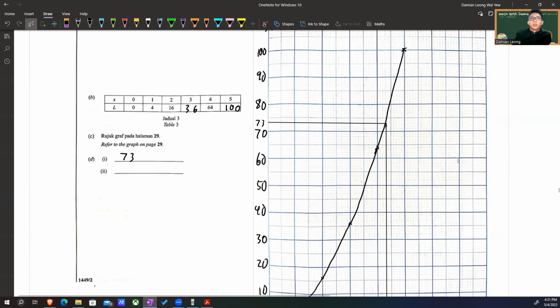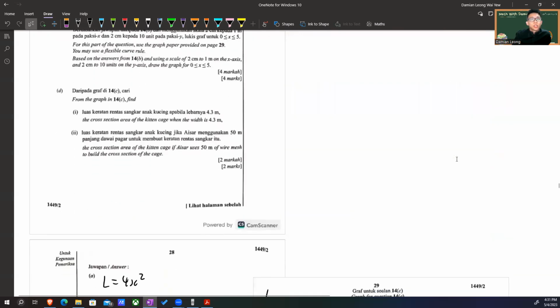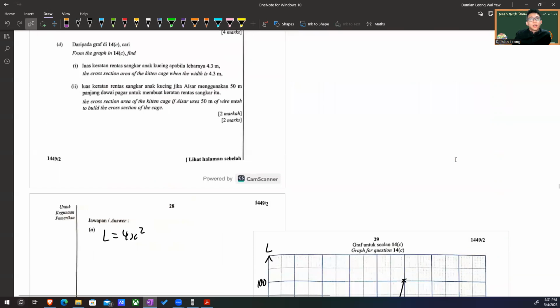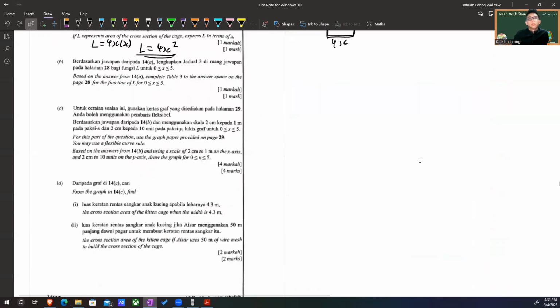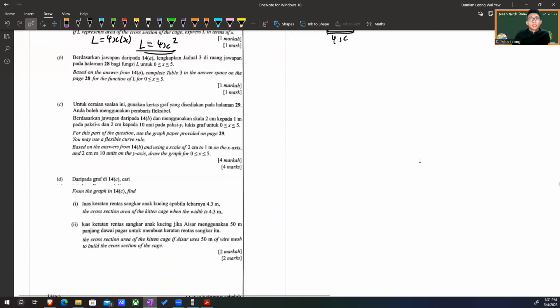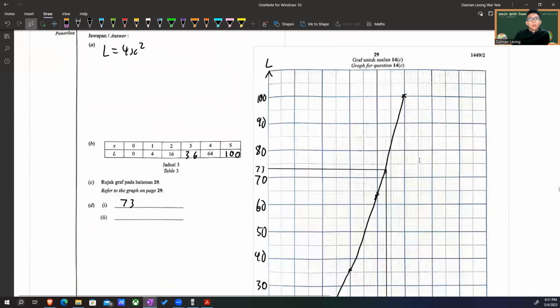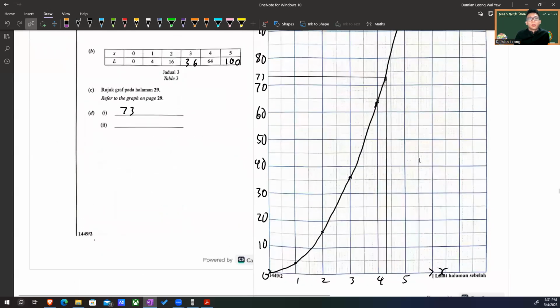Okay. Then D2 is the cross section. If Isa uses 50 meters of wire mesh to build the cross section, that means one side is 4x, the other side is x.